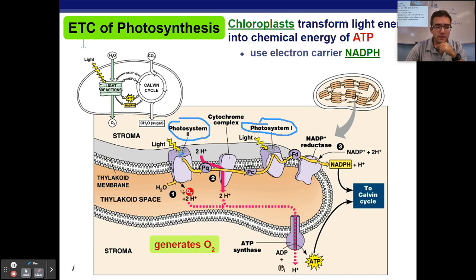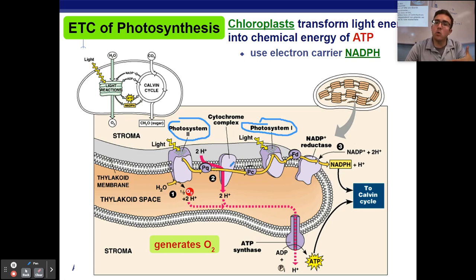So the photosystem, this is where your chlorophyll, the light capturing pigment, is. This is where they're at. They're in the photosystems here. In the light, it's going to excite these electrons that are in the photosystem. Excite the electrons. Pass the electrons along this chain here. And then in the end, through the final enzyme, we're going to get NADPH.